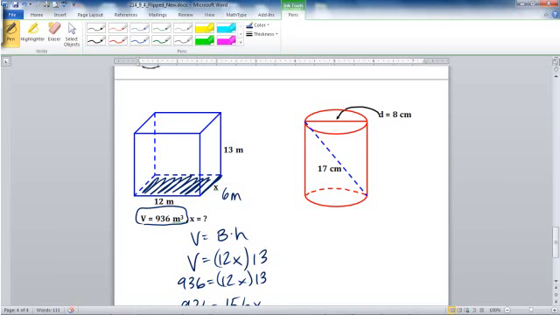The other thing that we've worked on before is they say that this diameter here for the cylinder is 8. Well, if I think about this, that's a right angle right there. And if my diameter is 8 and this diagonal here is 17, if you go back to your Pythagorean triples, I can figure out that the height is 15 from the 8, 15, 17 triple.